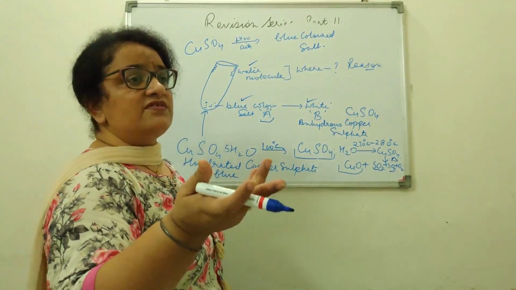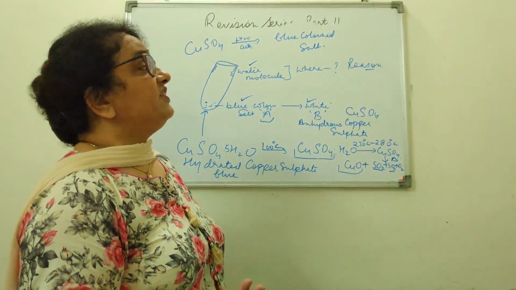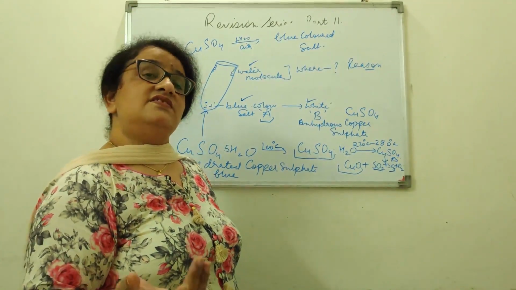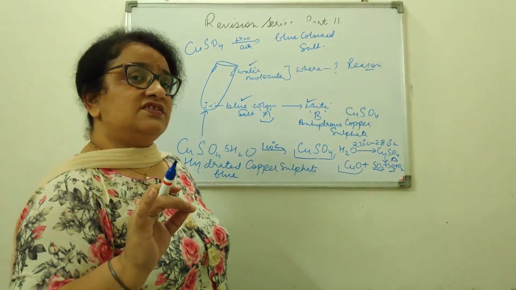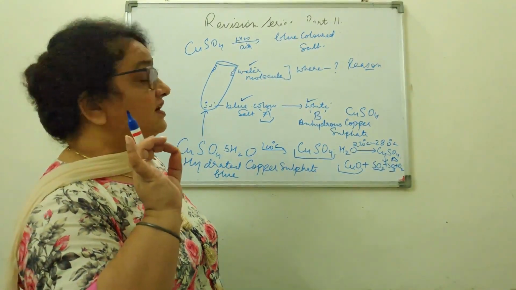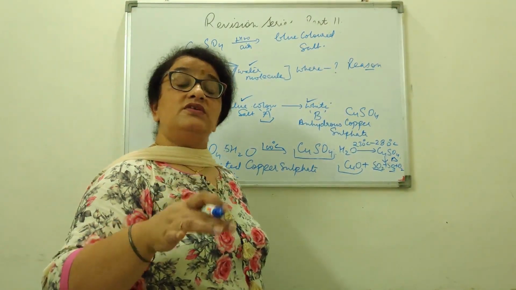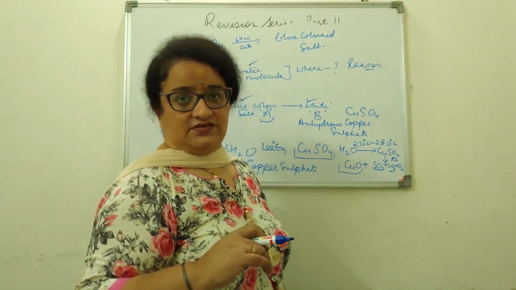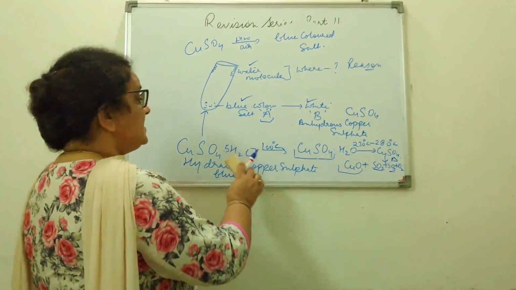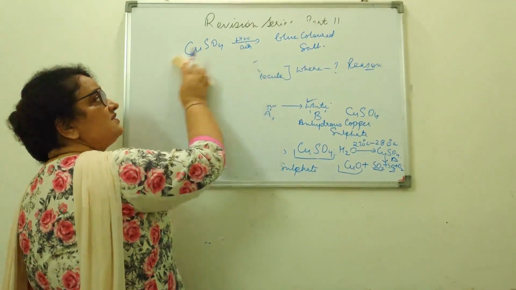Crystals will not form, because that of course we can do with the method of crystallization. So it will absorb the water. So what does it mean? This water of crystallization is responsible for imparting color to the salt if the salt is colored. That's clear? Now, the next question we are going to discuss.